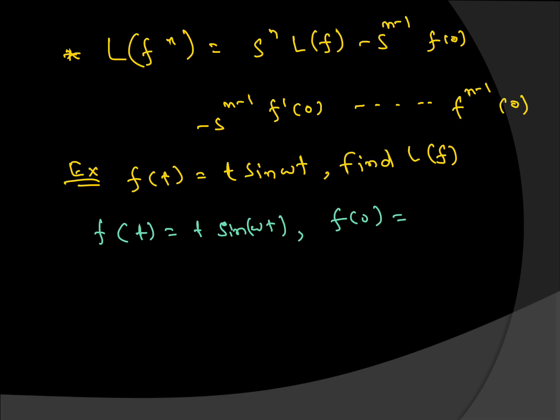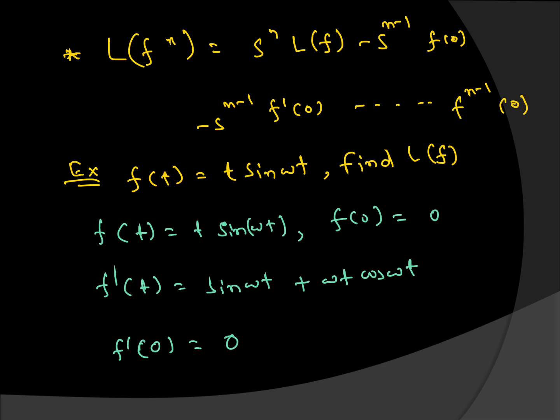Then f dash t, we do the derivative: sin omega t into 1 plus omega t cos omega t. This is f dash t, and f dash 0 is sin 0, you will get 0, here t is 0, so the entire term becomes 0.